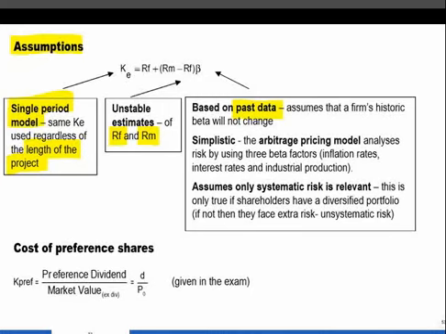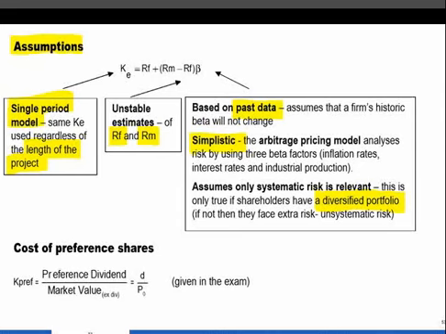Finally, there are more comprehensive models that you need to be aware exist, but do not need to know the details of. And right at the beginning we said shareholders will build portfolios. Well, some don't. And if they don't because they're risk-seeking, then the capital asset pricing model will not be appropriate.